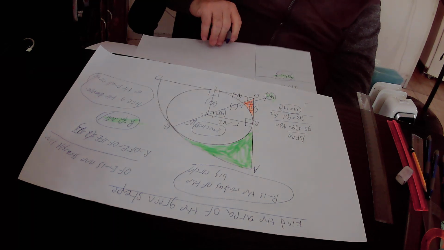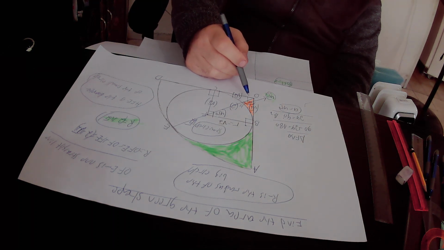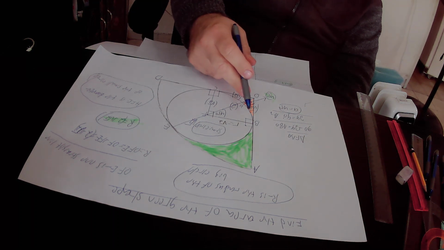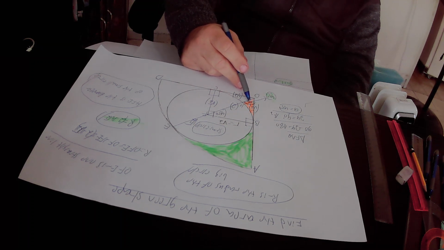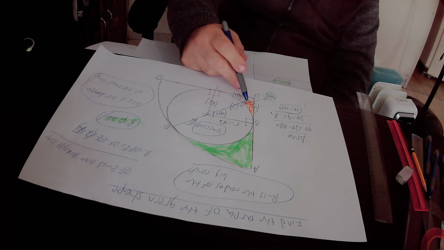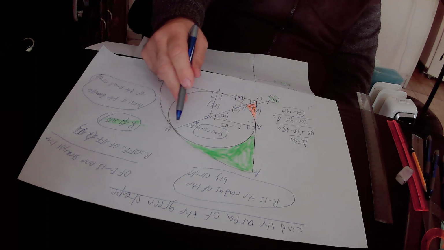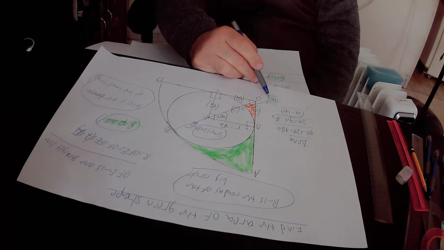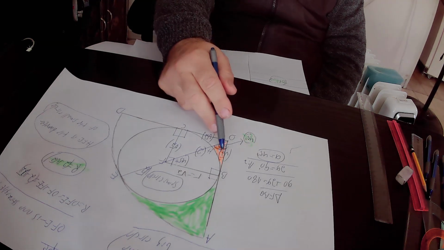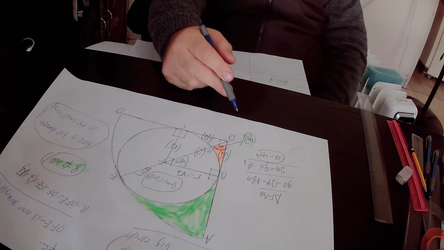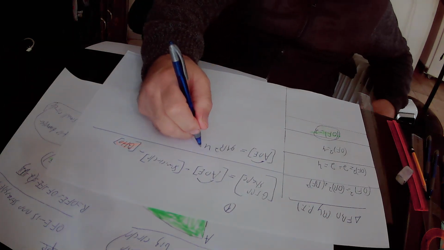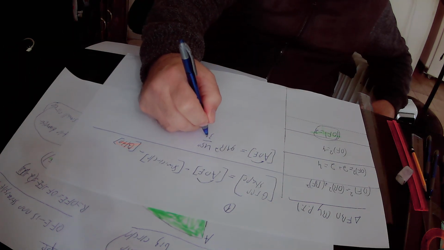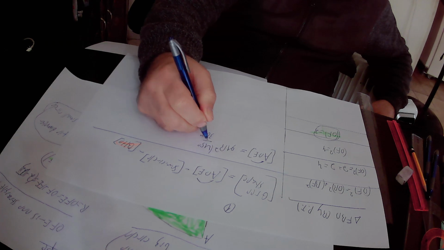Theta is the angle between the legs of the big sector AOE. We already found out that this angle equals 45 degrees, so it is 45 degrees over 360 degrees.